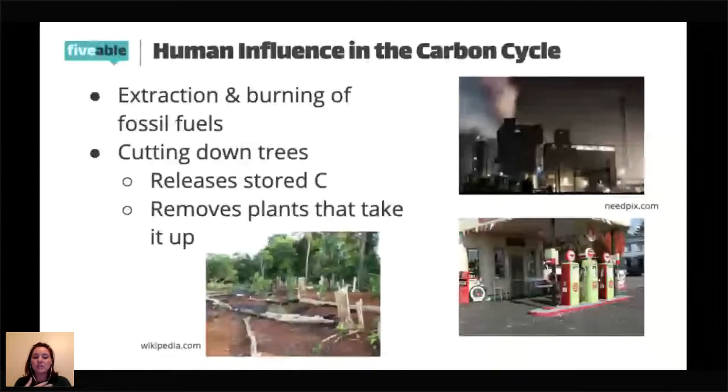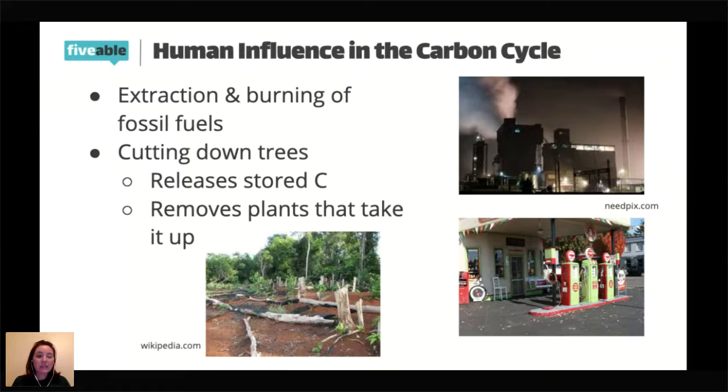If the tree is just left there, maybe it's rotting and decomposing naturally, and bacteria are breaking that down, or fungus is breaking that down, and they're releasing carbon dioxide because they're consuming the tree and doing cellular respiration to get energy for themselves. But a lot of times those bacteria are also releasing methane, which is a carbon and 4 hydrogens.